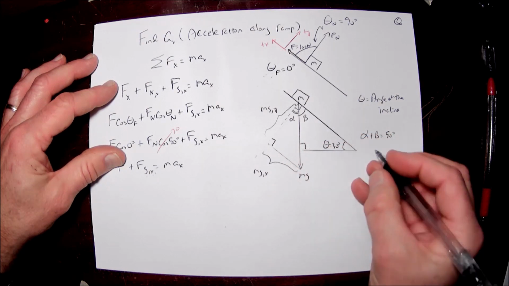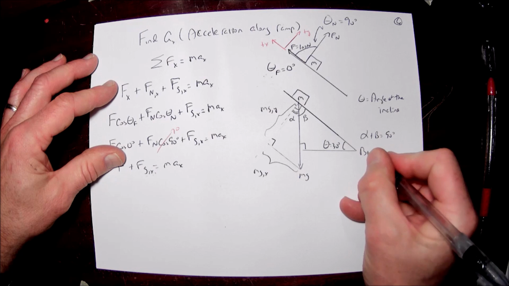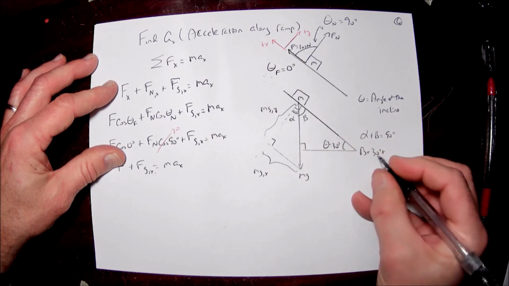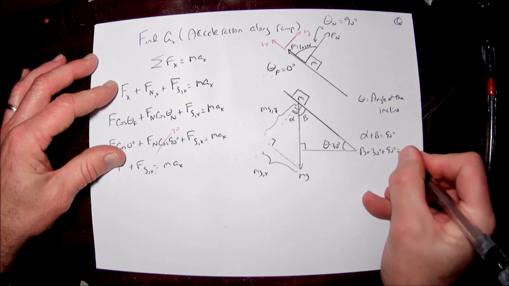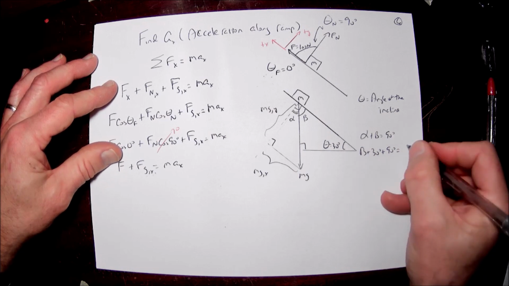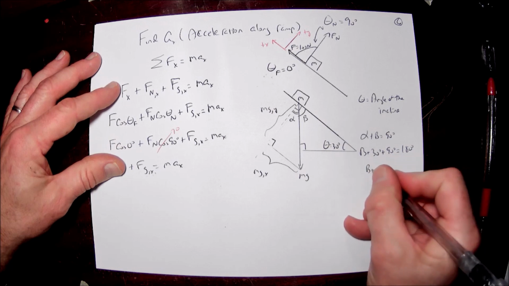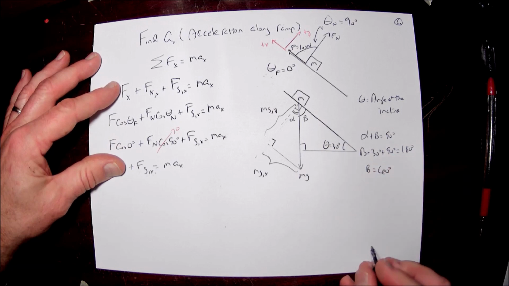This is a 90-degree triangle too. So beta plus 30 plus 90 are the sum of the interior angles of a triangle. That has to sum up to 180 no matter what. Do a little bit of math here, not much, and you get beta equals 60 degrees.